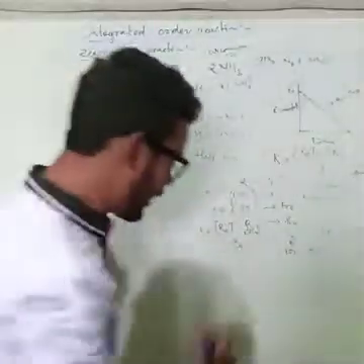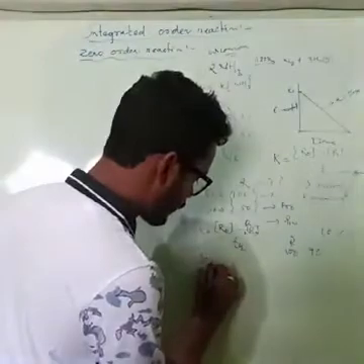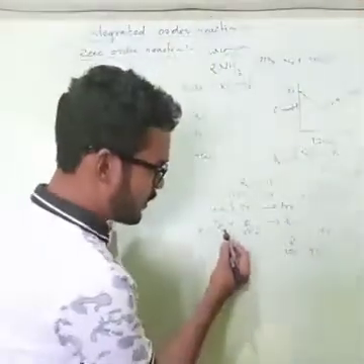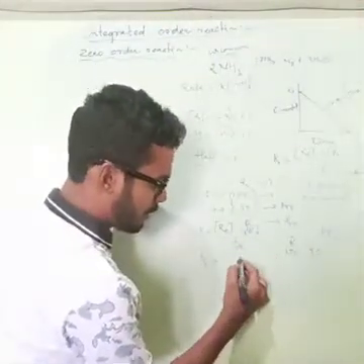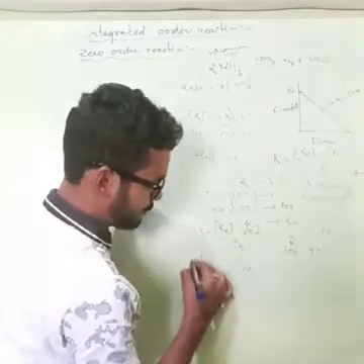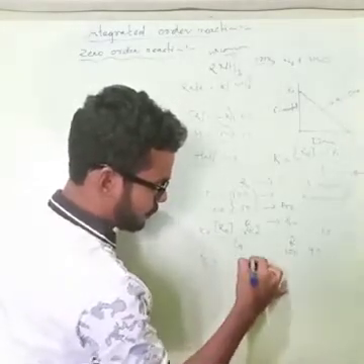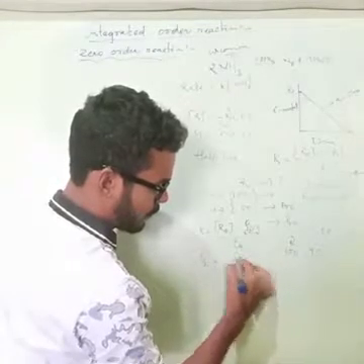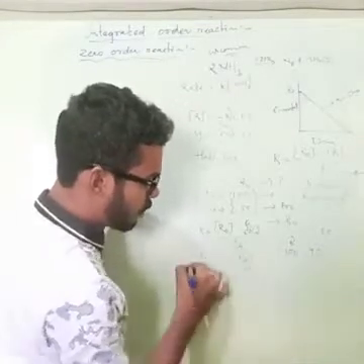So how can you calculate t half from here? You may write R naught minus half R naught, which is R naught by 2, into k. Okay, this is the expression for t half.